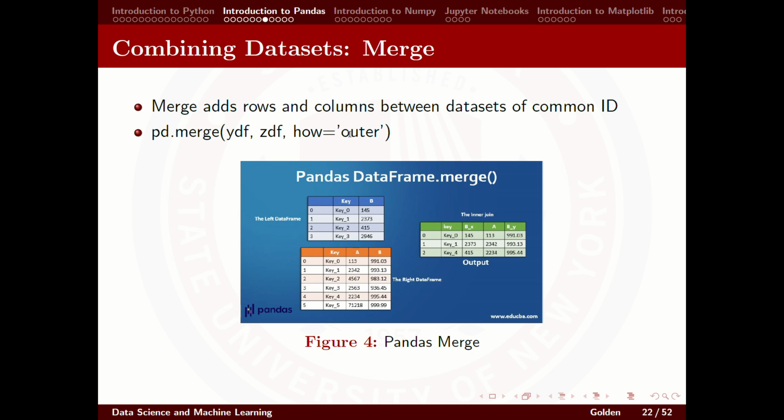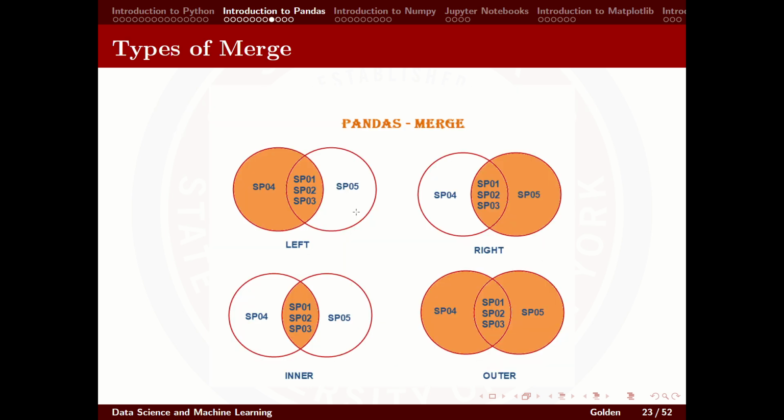With an inner join, you only combine what's the same in both. With an outer join, you combine everything in each of the data frames fully. With a left join, you only keep what's in the left data frame. With a right join, you only keep what's in the right data frame.